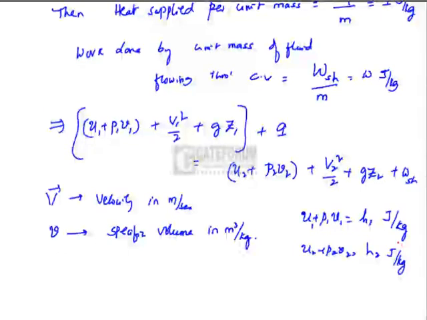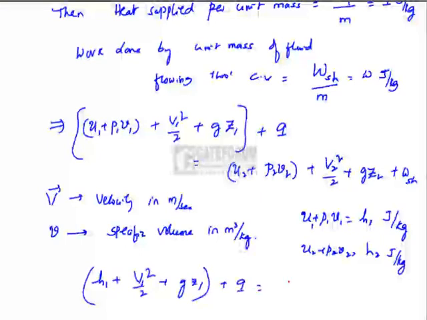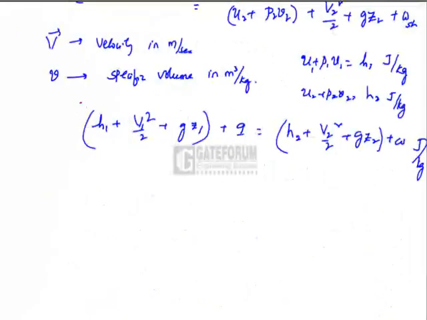Substituting these enthalpies in the above equation, we get H1 plus V1 square by 2 plus G into Z1 plus q is equal to H2 plus V2 square by 2 plus G into Z2 plus small w, all the energies being in joule per kg.